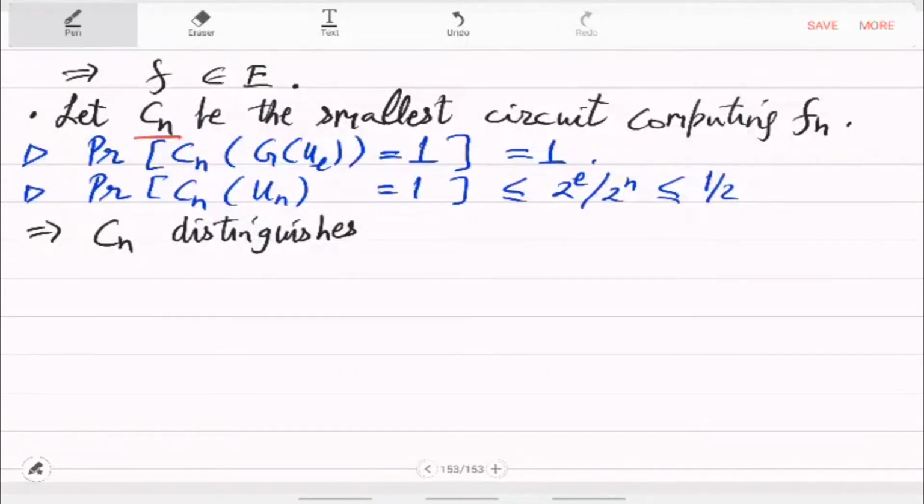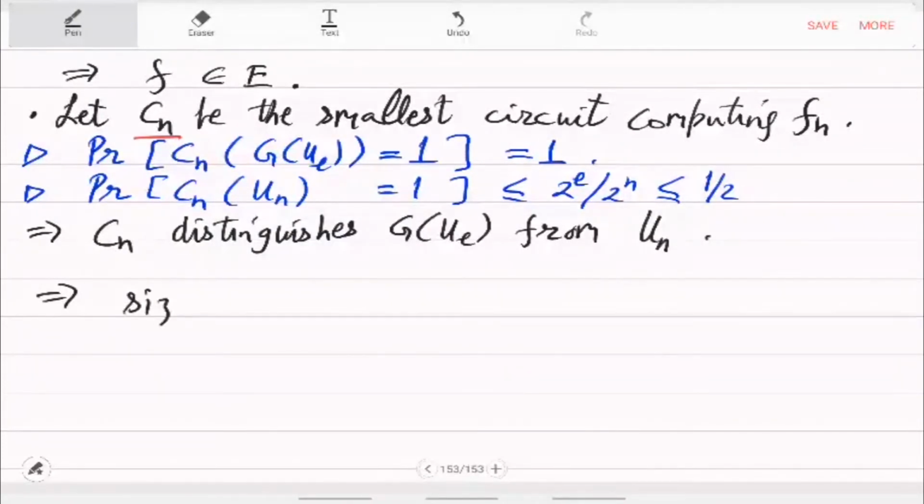So Cn distinguishes G of U L from the uniform distribution Un very well. So which means that by the definition of PRG, the size of Cn has to be more than the stretch cube.